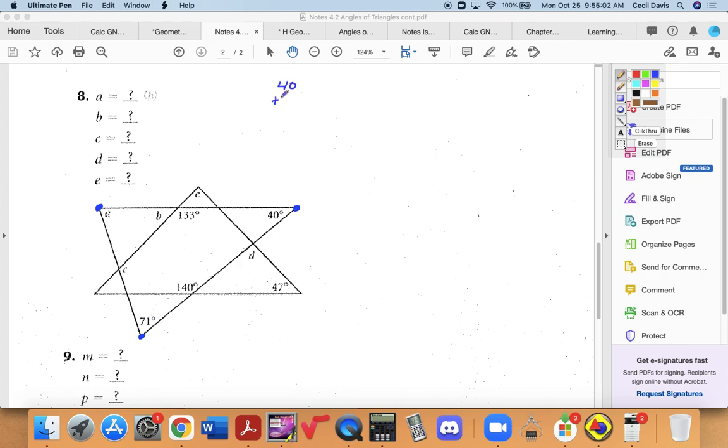So 40 plus 71 is 111, oh, we just had that a minute ago. 180 minus 111 was 69.